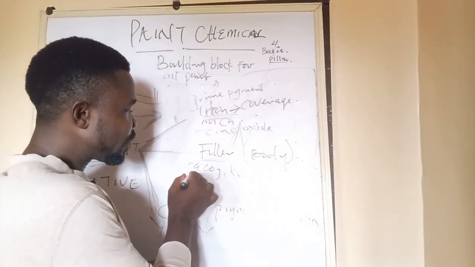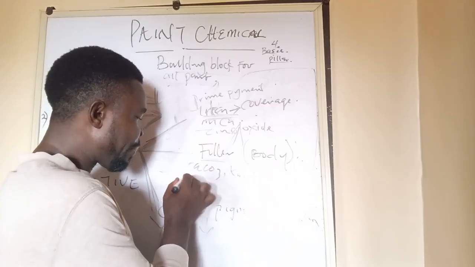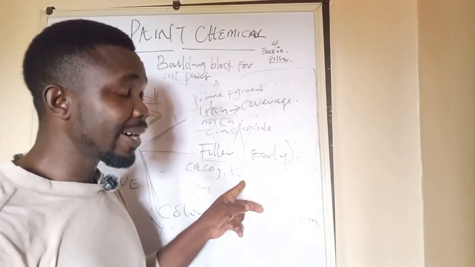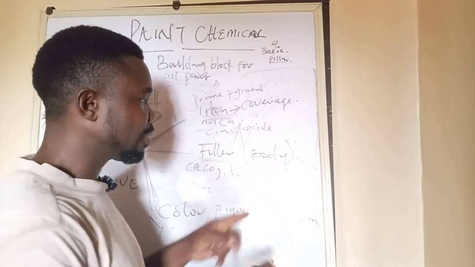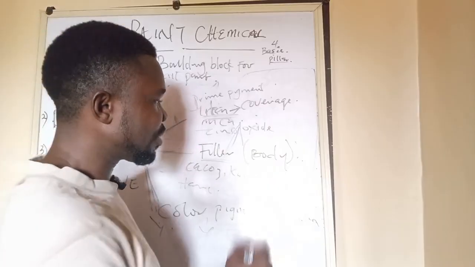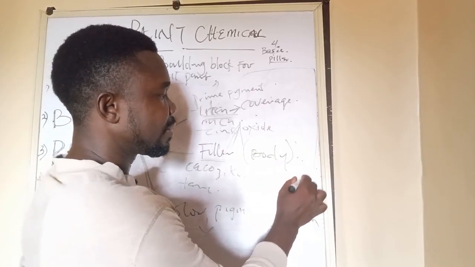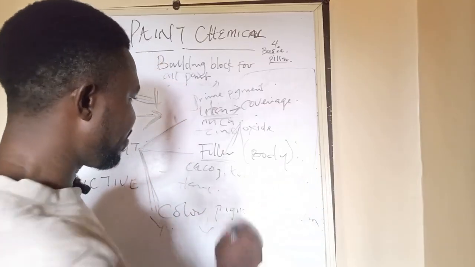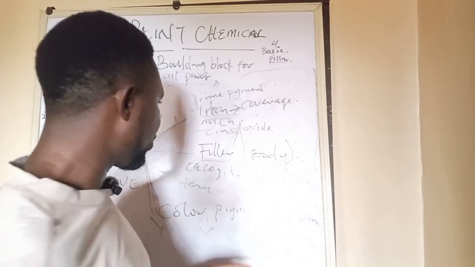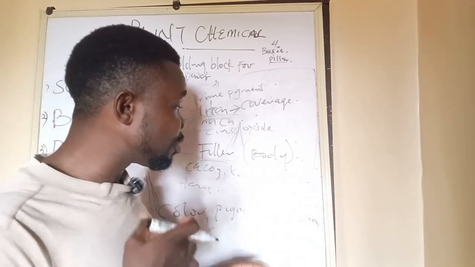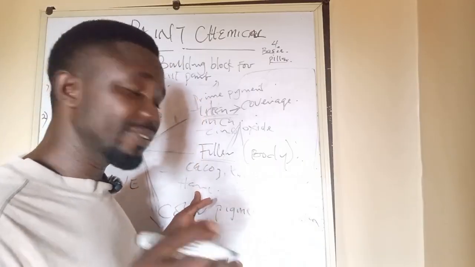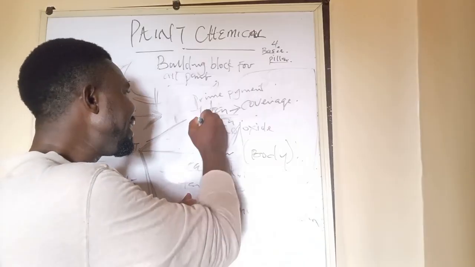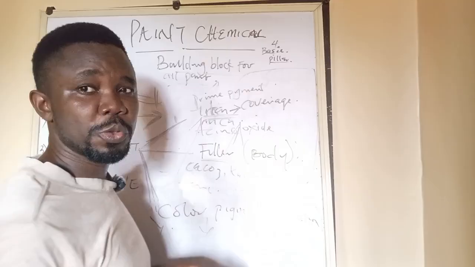So in a situation where you have a paint that does not have calcium, kaolin, and some other fillers that you might know, maybe pyrite, bentonite and bentone, you have to increase your titan for you to have coverage.